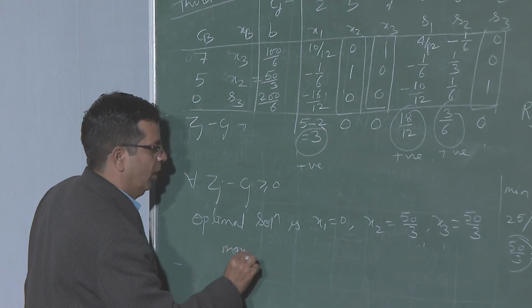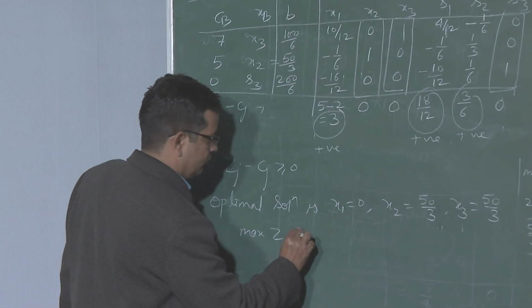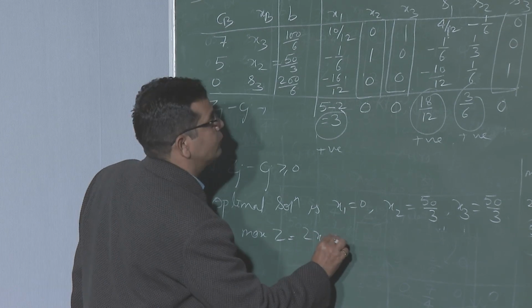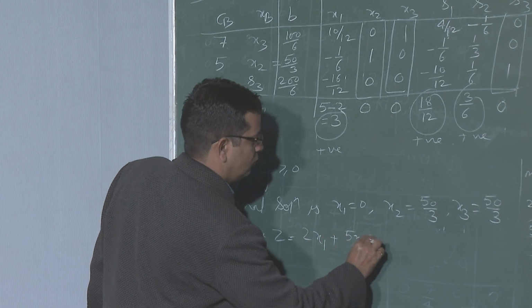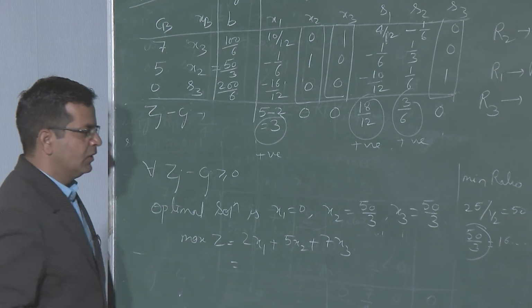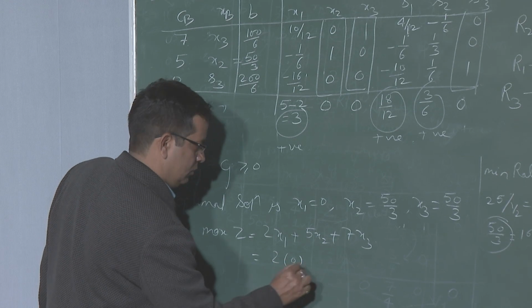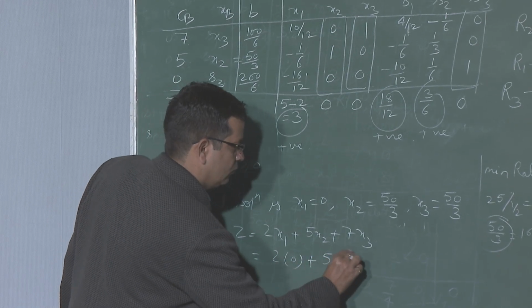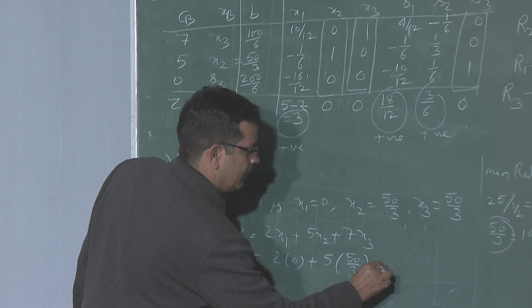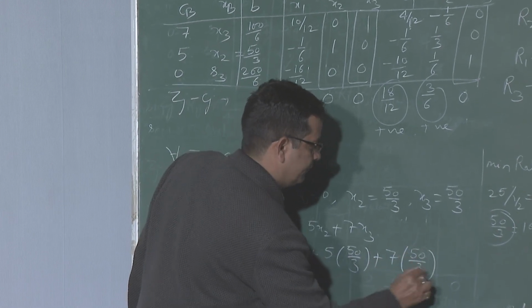The maximum value of the objective function we can calculate by the given objective function, it is 2x1 plus 5x2 plus 7x3. So it is 2 into 0 plus 5 into 50 by 3 plus 7 multiplied by 50 by 3.